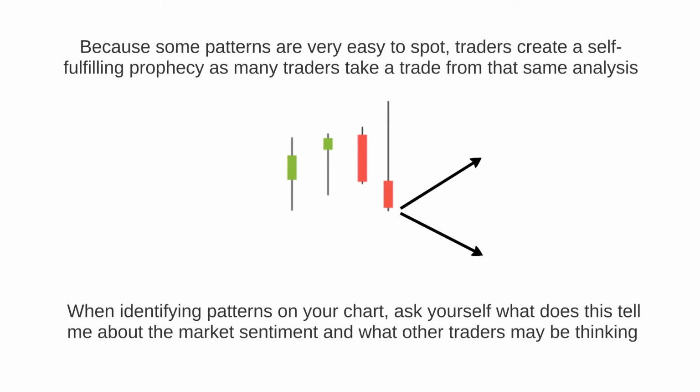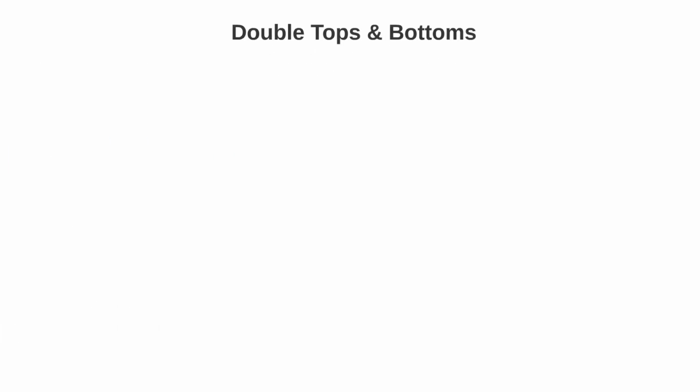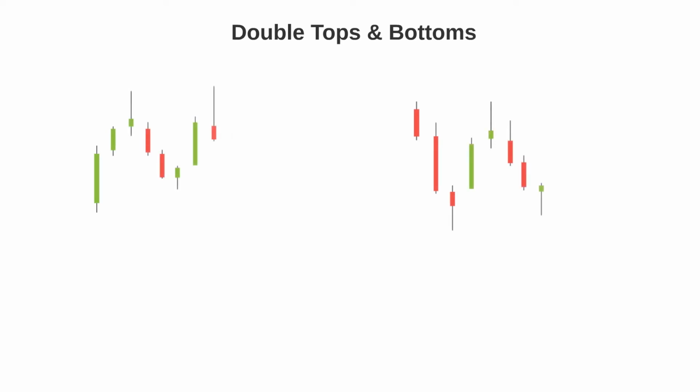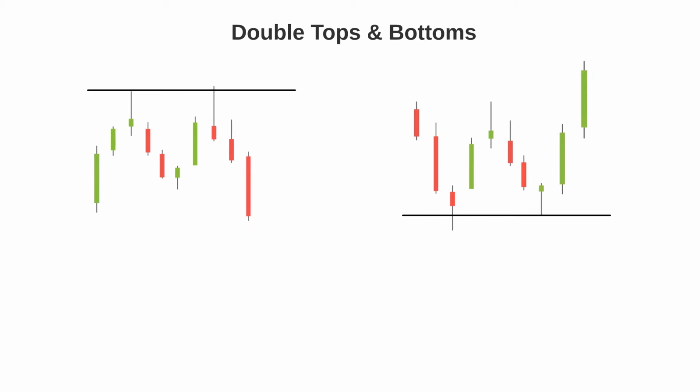With that in mind, let's start looking at some common patterns, and let's kick off with double tops and double bottoms. Double tops and bottoms form when price makes either a swing high or a swing low, pulls back, and then revisits that swing high or swing low, and fails for a second time at the same level. This leaves us with a double top or a double bottom at the same price level.